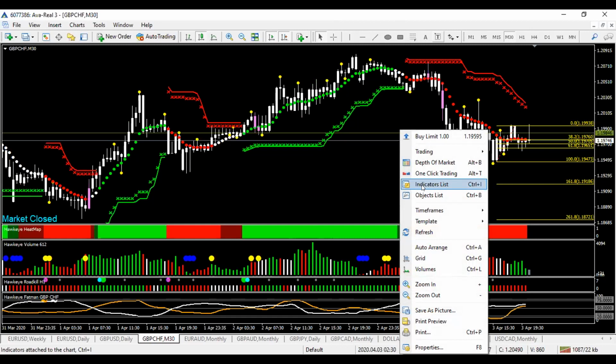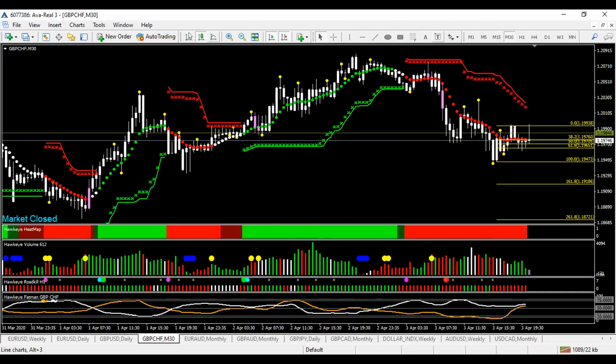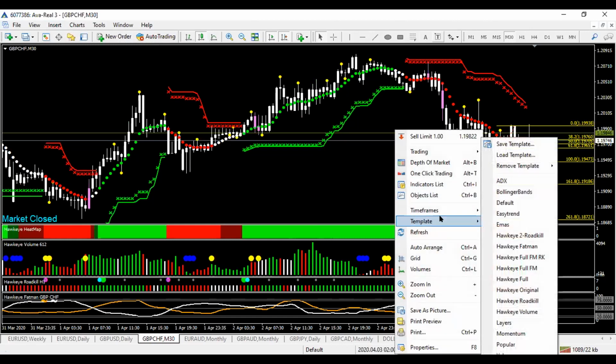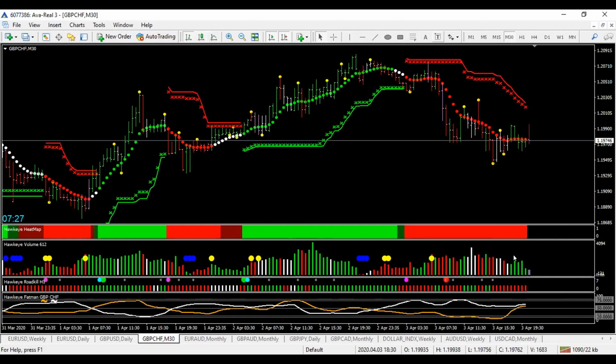No, you need to go to the template. Oh, it's right there under the indicator list. No, you can just right click on the chart. Okay, scroll down, templates. Yes, templates, Hawkeye full FM RK. Yeah, that's the one. There we go. Perfect. Yeah, we're back.